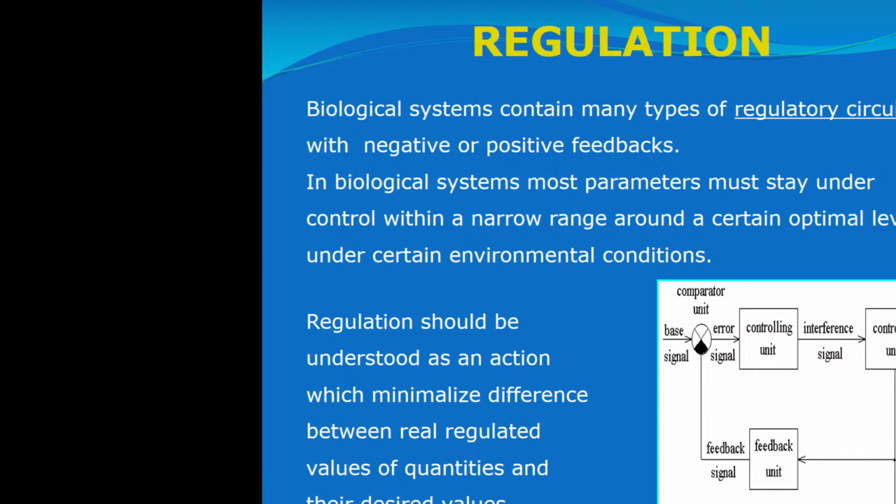In biological systems, most parameters must stay under control within a narrow range around a certain optimal level under certain environmental conditions. Regulation should be understood as an action which minimizes the difference between real regulated values of quantities and their desired values.